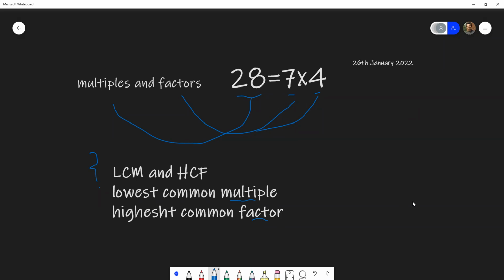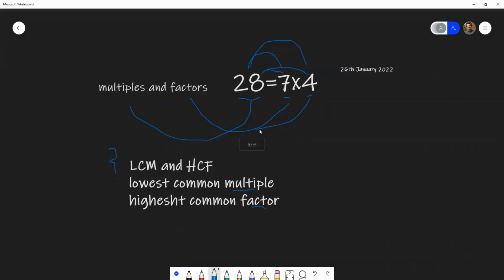Okay, never mind. So we can say 28 is a multiple of 7 and 4, while 7 is a factor of 28 and 4 is a factor of 28. So we learned about it in the previous class. So what is the relation to LCM and HCF?